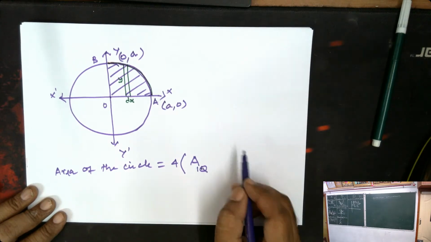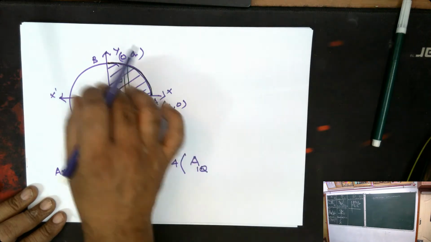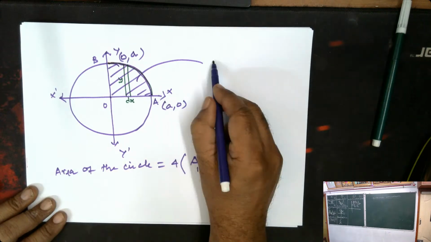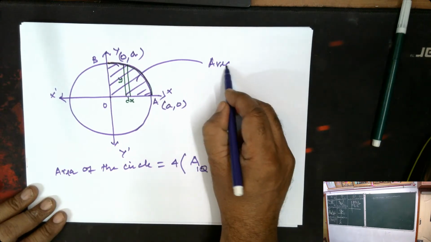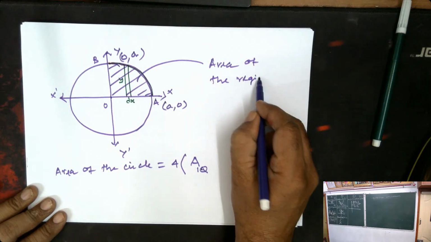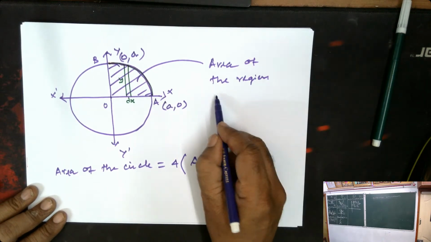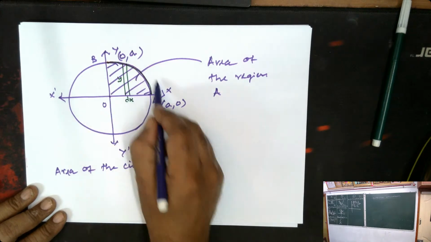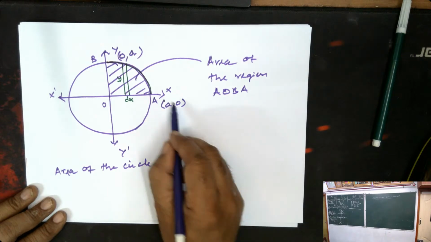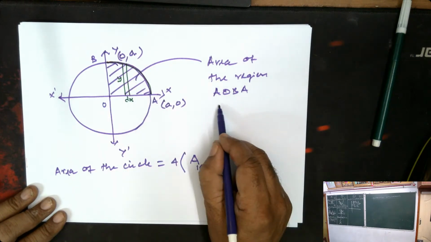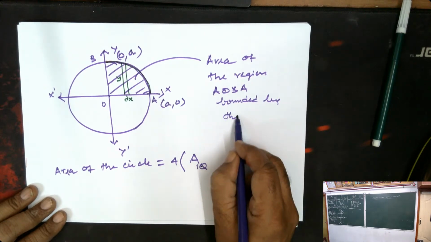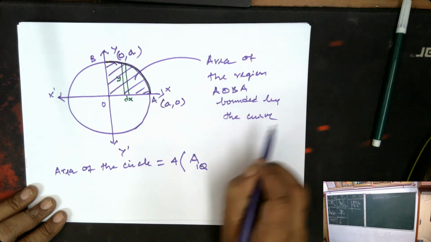And so you should be able to clearly define this area. How can you define this area? That is the area of the region A, O, B, A, bounded by the curve. AB is the curve, bounded by the curve, right?